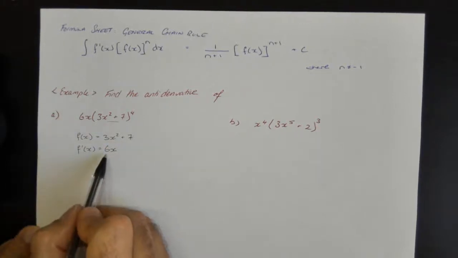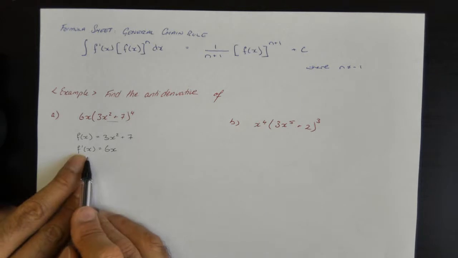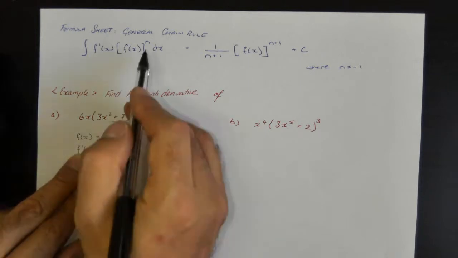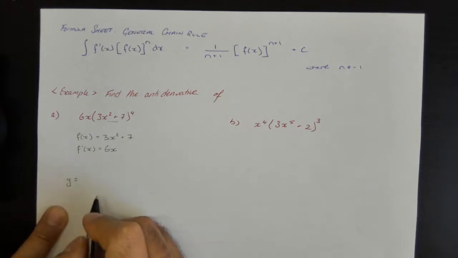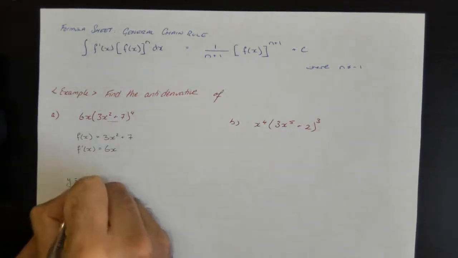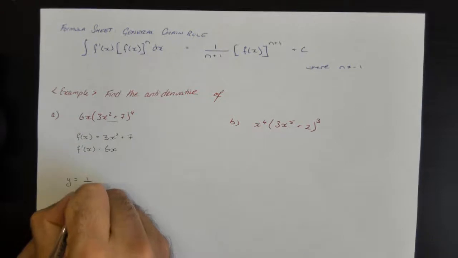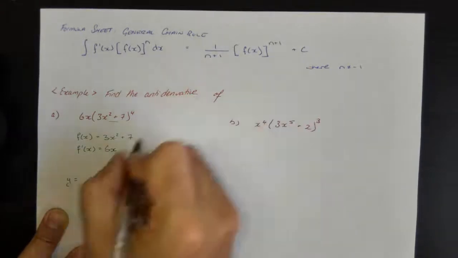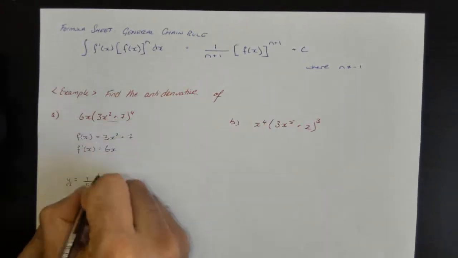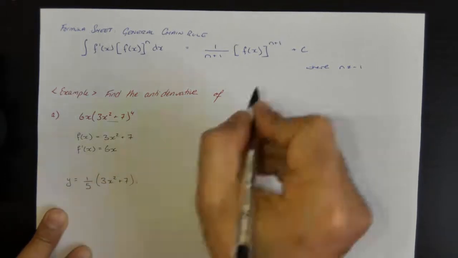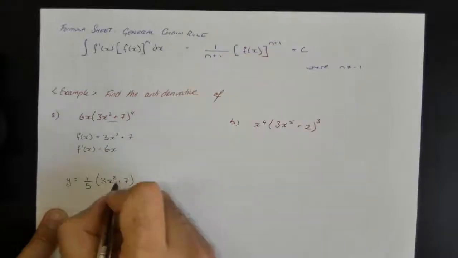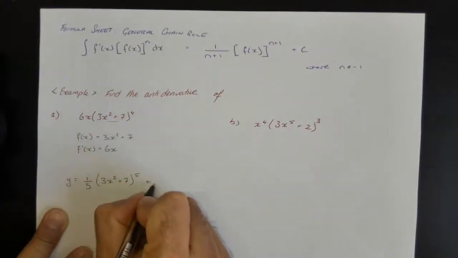So this is in the form of f dash of x multiplied by f of x to the power of n. So the antiderivative is going to be 1 over 5 times this whole thing, to the power of 4 plus 1, which is 5, plus c.